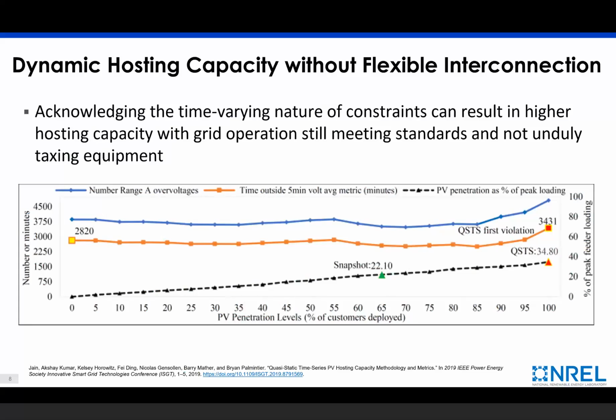We've seen that you can actually get, in some cases, a significantly higher fraction of PV hosted and probably still have everything be okay on the grid, even without adding that kind of dynamic control of the PV devices on the system. Next slide.